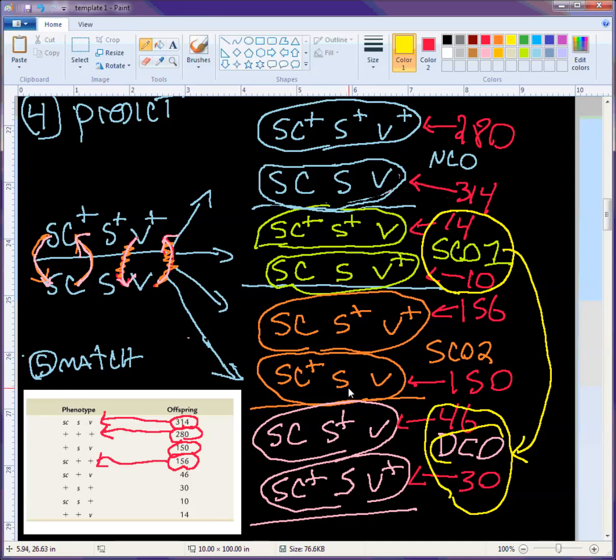So that prediction must be wrong. So now we need to go back, make a new prediction, either SC is in the middle or V is in the middle, and see if one of those can produce a pair of double crossover genotypes that are represented in the smallest amount in the actual data. Okay, let's give that a try.